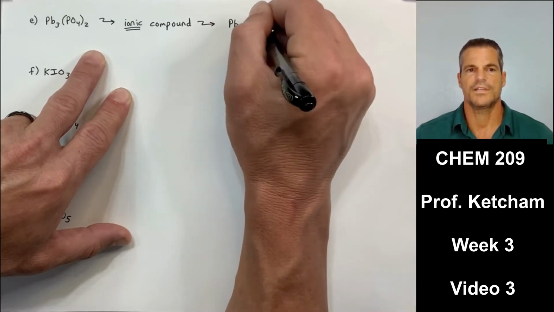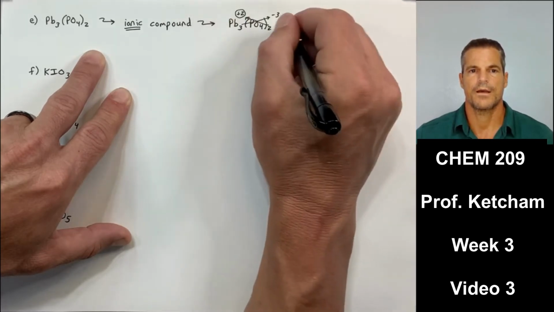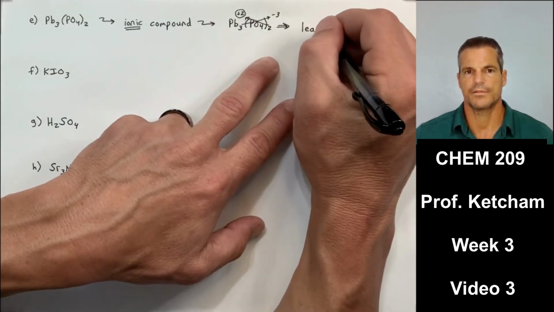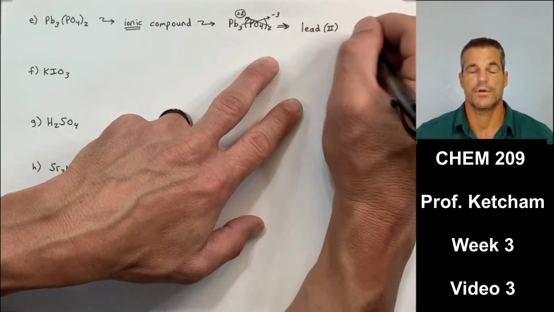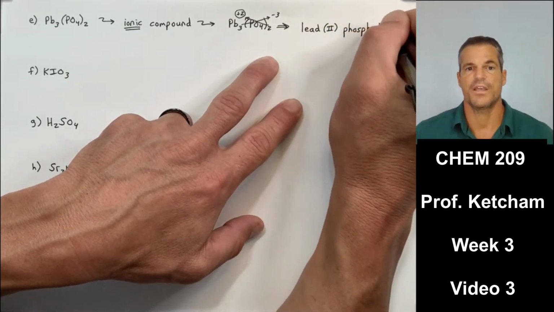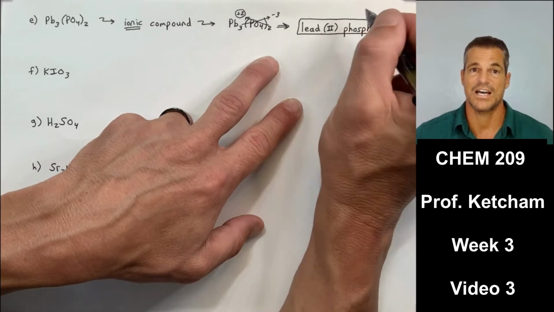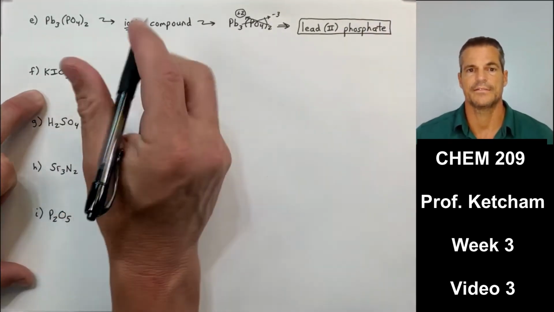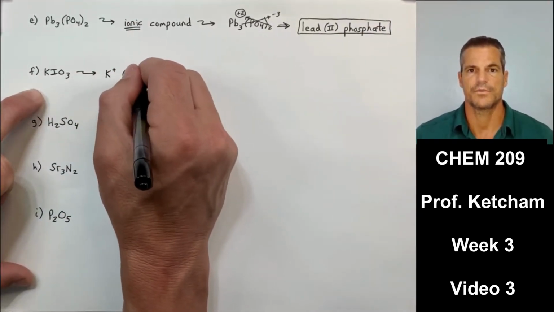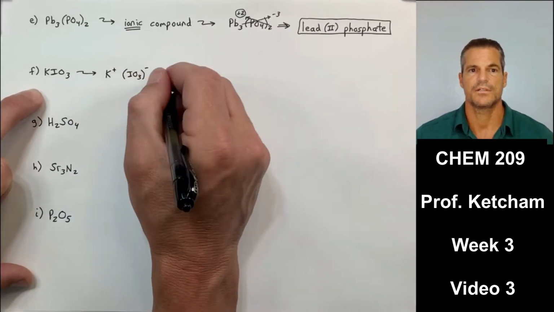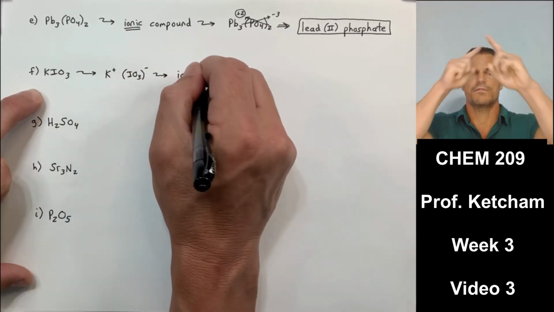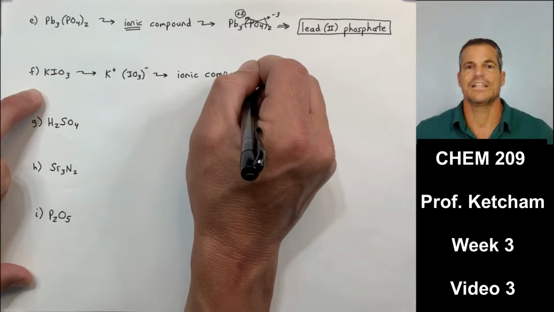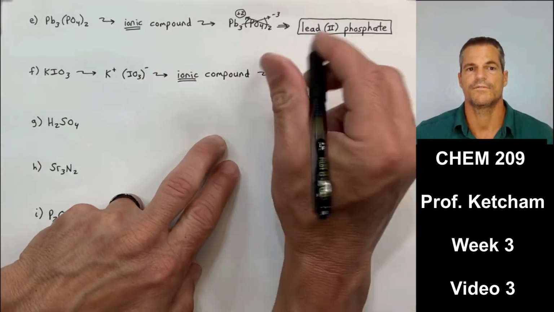So if we go up to E, I notice it's an ionic compound. How come? Well, I see that chunk of phosphate, which I know is a polyatomic ion, plus I'm aware that lead is a metal. These are both things we find in ionic compounds. I do the reverse crossover in order to figure out that this is lead Roman numeral 2 phosphate.